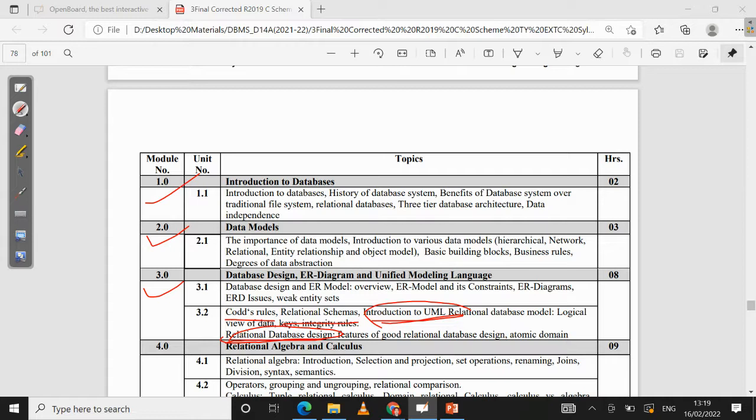So today we are going to see this. You can write down the heading in your register: introduction to UML, relational database model.